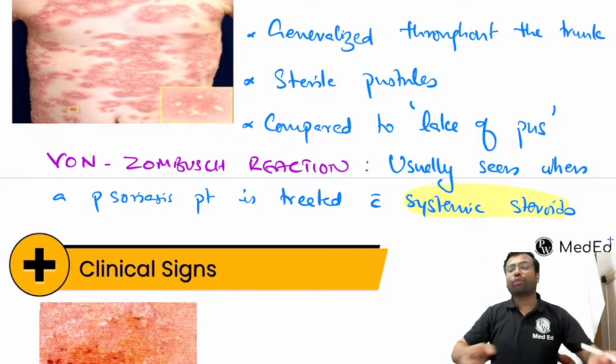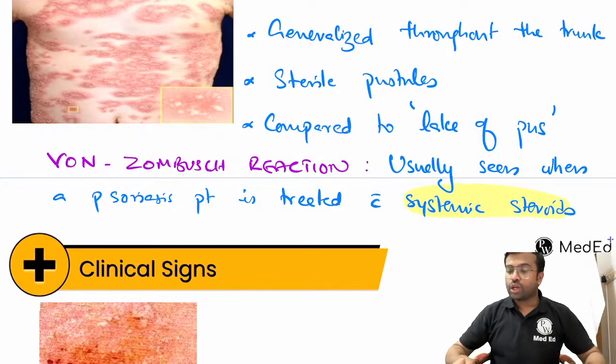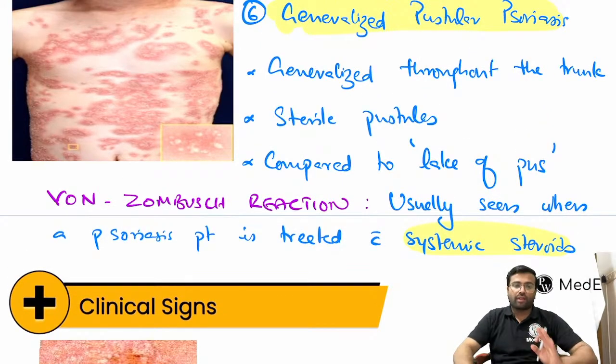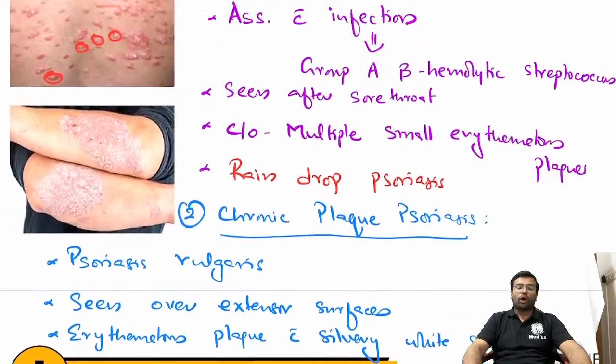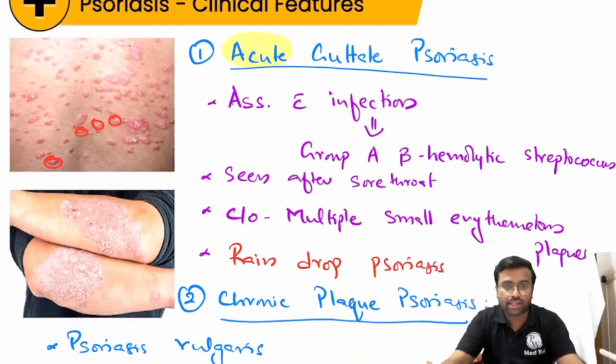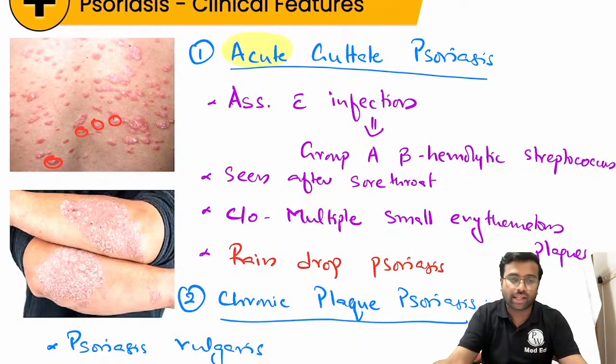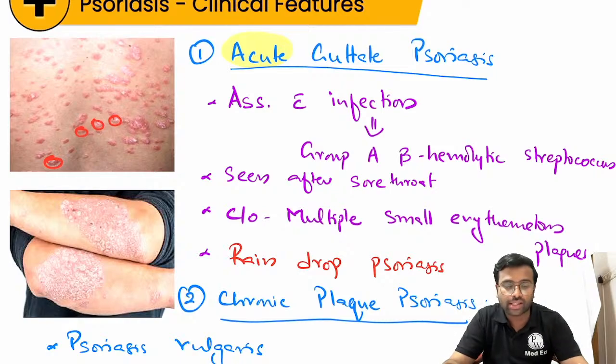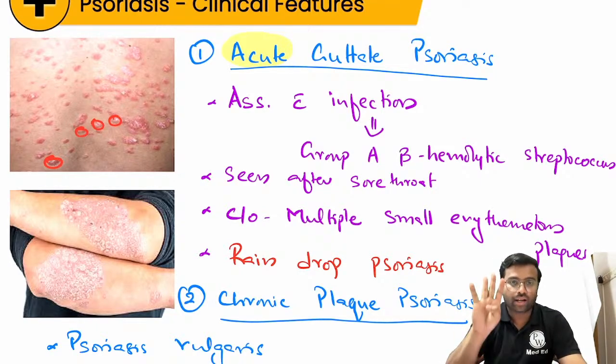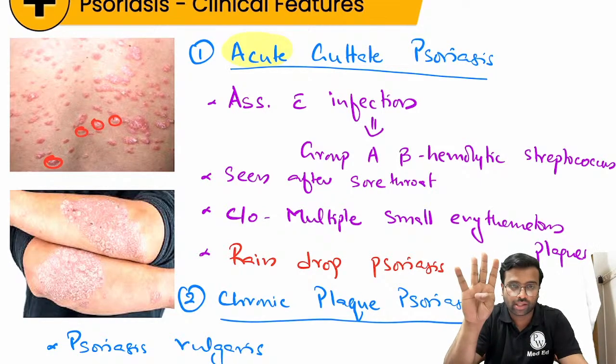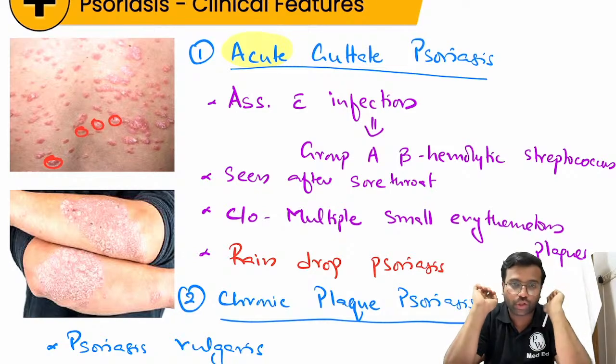Now all of you who are attending the lecture right now, what we have done so far, I'll just have a very quick recap. When you talk about the clinical features of psoriasis, the most important thing is there are 4 types of plaque psoriasis and 2 types of pustular psoriasis.